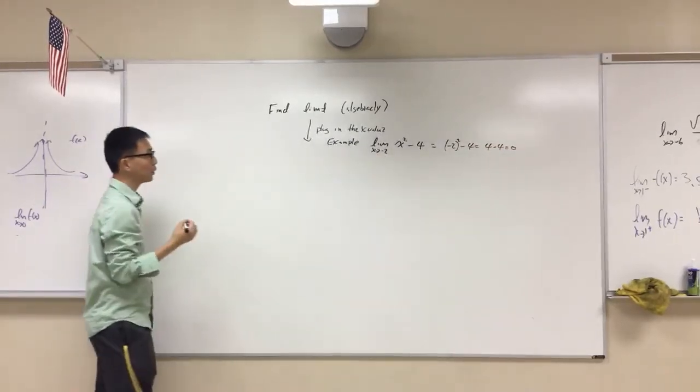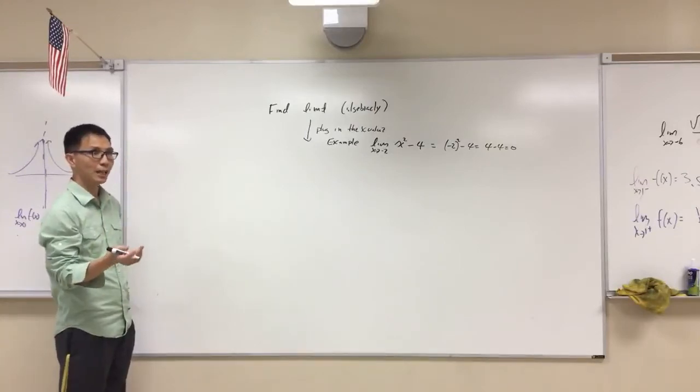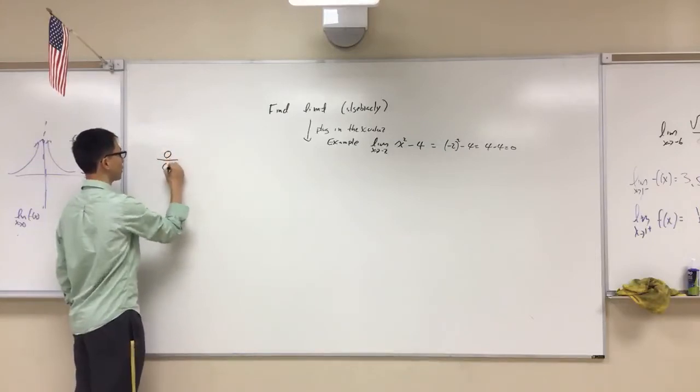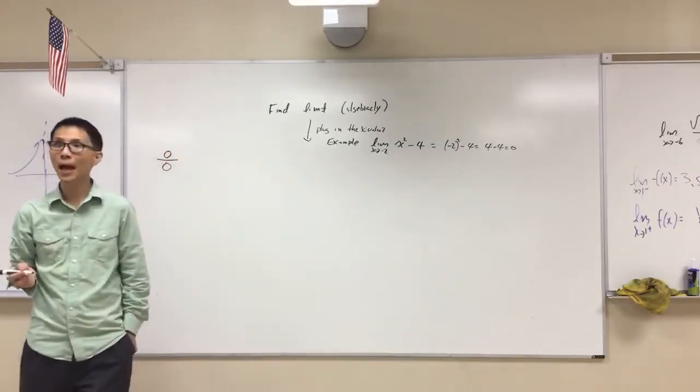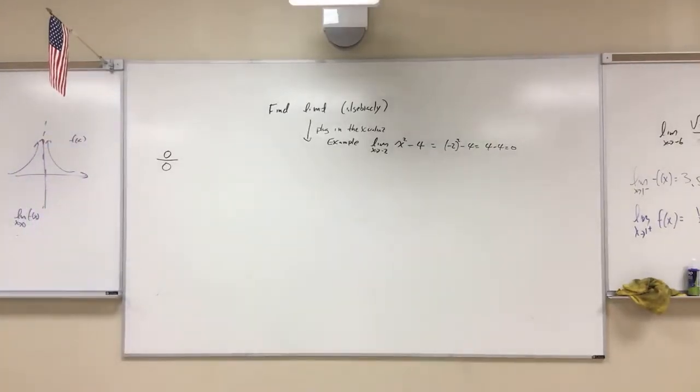But what if you plug in a value and you get something like 0/0? In the past, we learned that something over 0 is undefined, but we never learned what happens with 0/0. Remember, we didn't know what 0 to the 0 power is; it's 1, and we proved it with limits.